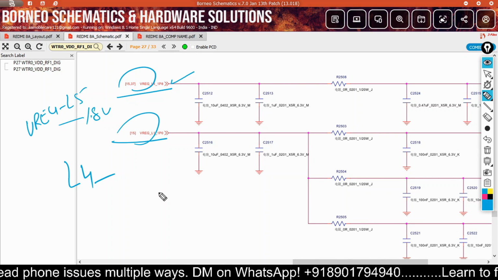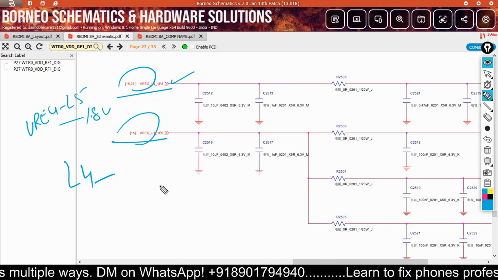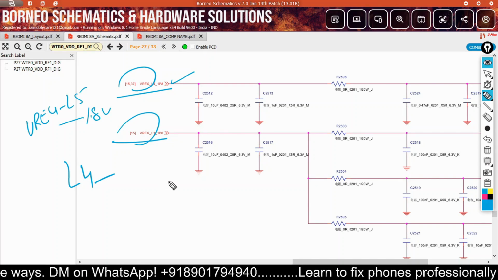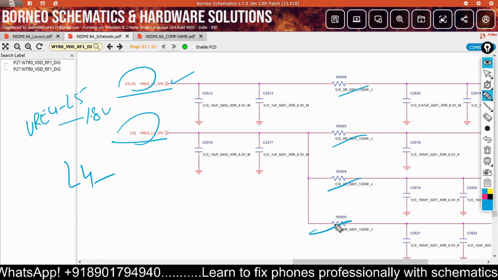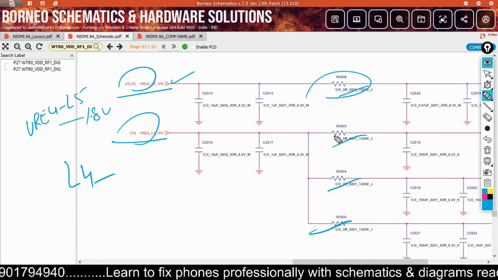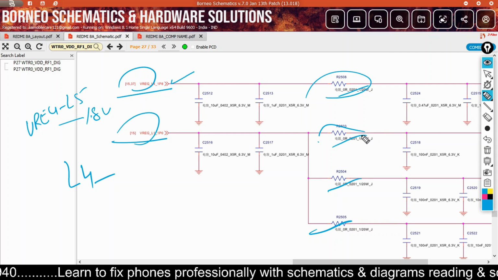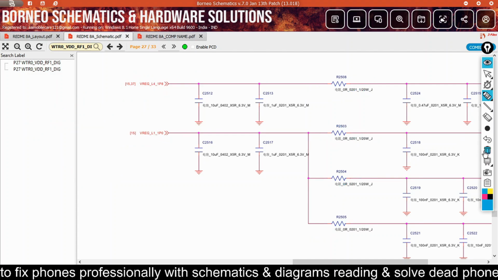From PMU, this line separately goes to the RFIC, your transceiver IC, right? So if this 0 ohm resistance is by chance open, your phone has no service. Let's say this resistance is missing or open, you can directly jump it, no matter, because this one is a 0 ohm resistance, right?